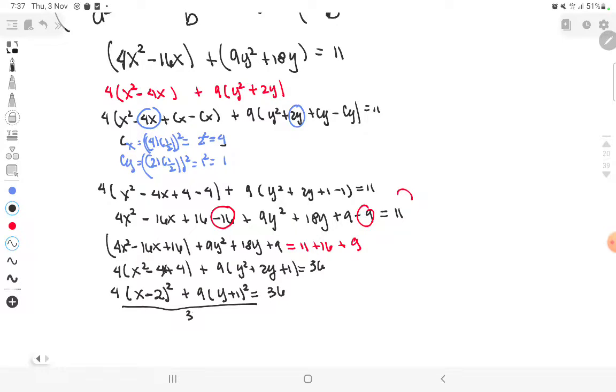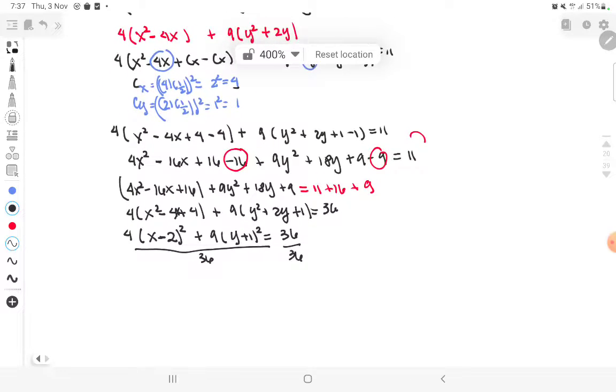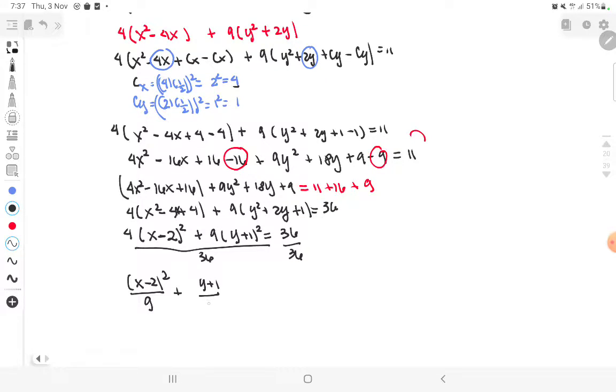Dividing both sides by 36, 4 divided by 36 is 1 over 9, and 9 divided by 36 is 1 over 4. So we have (x minus 2) squared over 9 plus (y plus 1) squared over 4 equals 1.